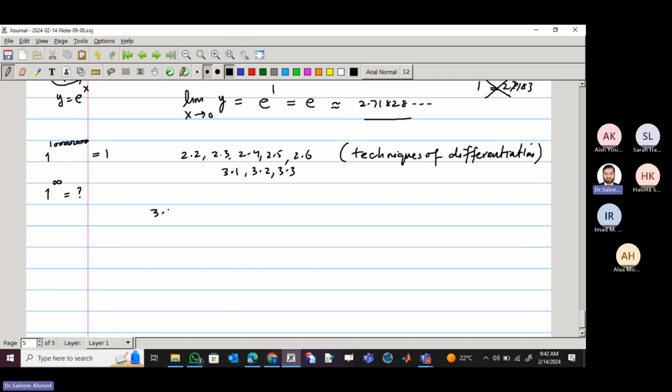Then 3.4, 3.5, 3.6 we did as applications. Chapter 4 is also applications, so we will continue with chapter 4 in the next lecture.